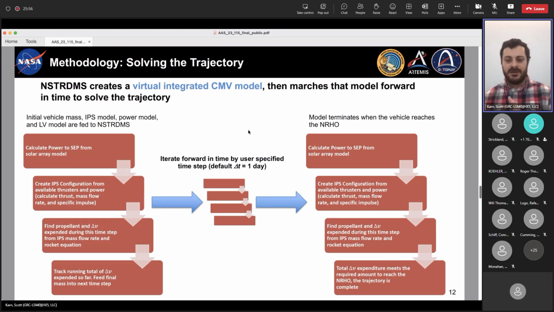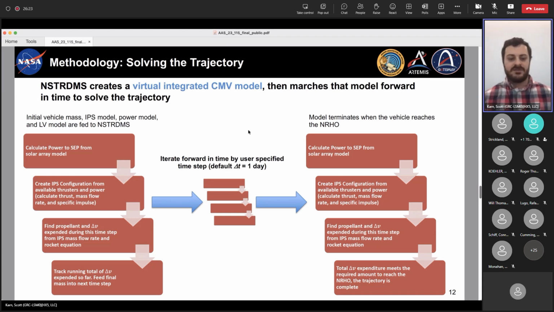So from that amount of power that's available to SEP, our thruster priority algorithm throttles all of our thrusters accordingly to use up all of that power available, but it also checks for things like whether or not thrusters have hit lifetime limits or if a thruster has failed. So from an available power, we calculate what is our desired configuration for a given day, and we distribute power.